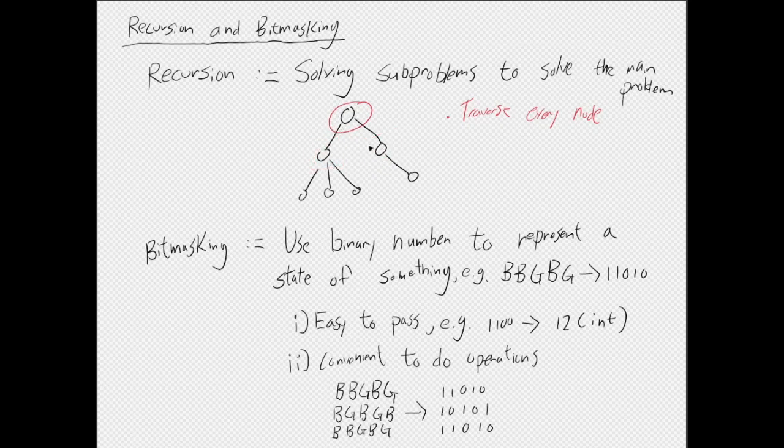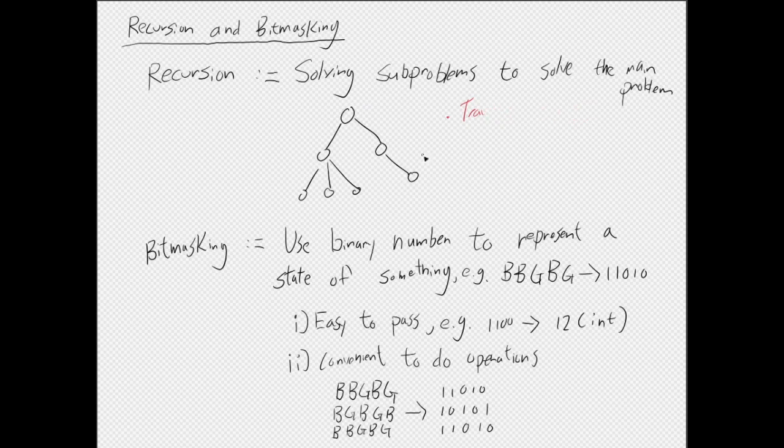If I want to visit everything from here, then I visit everything starting from here, and everything starting from here, respectively and separately. Then I will essentially visit everything in the tree. So that's the basic idea of recursion. It is very useful in solving a lot of problems, and it's a very essential idea in computer science.